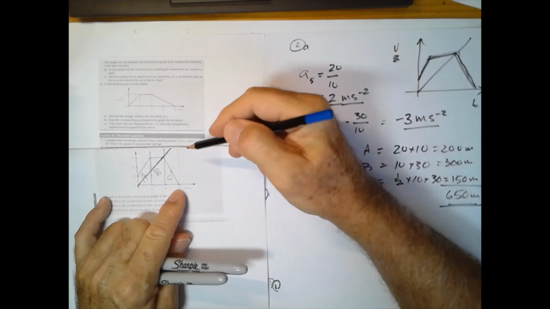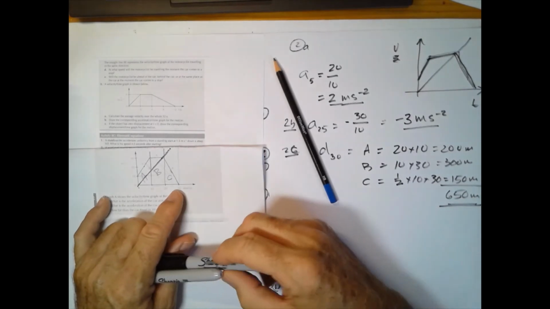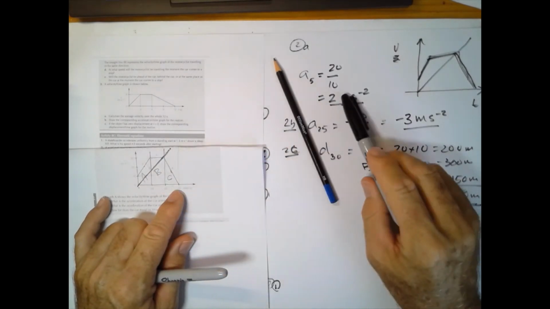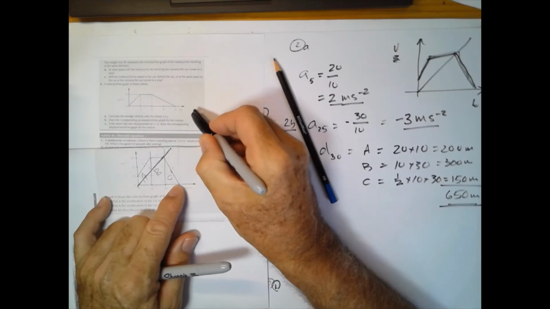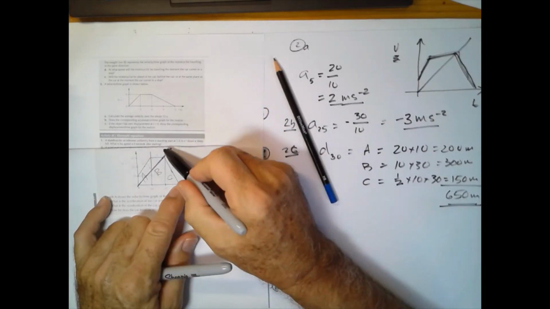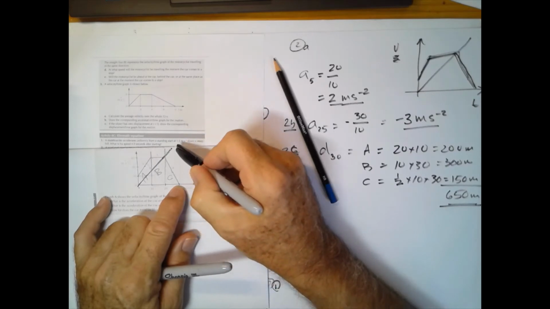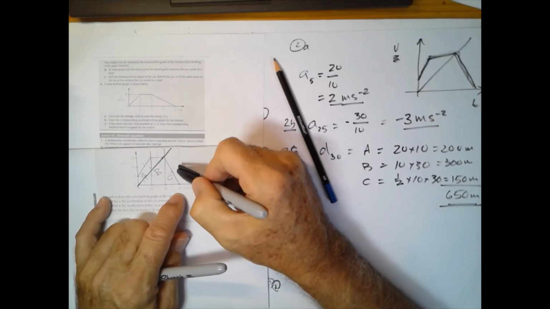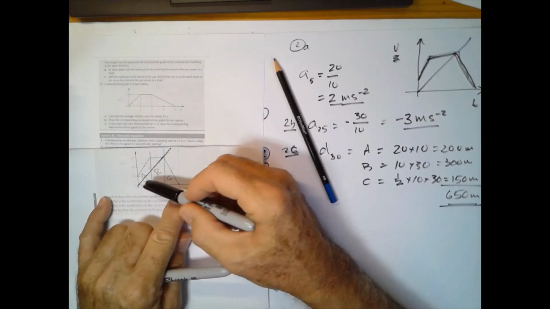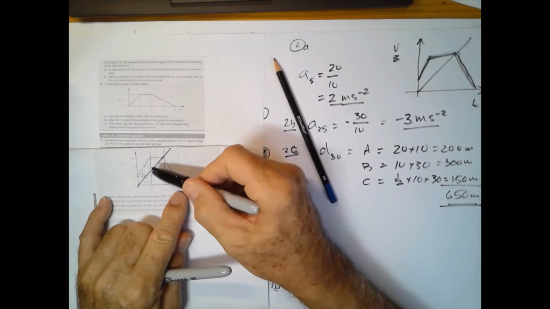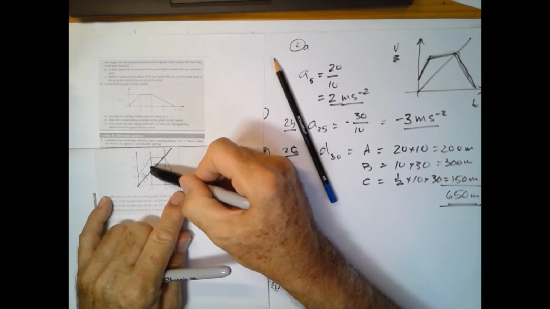At what speed will the motorcyclist be travelling? This is the motorcyclist here. We don't see this line continued up to this point. If it was to continue accelerating at the same rate, what would be its velocity at this point at 30 seconds? We can see that its acceleration is 1.5 meters per second squared.